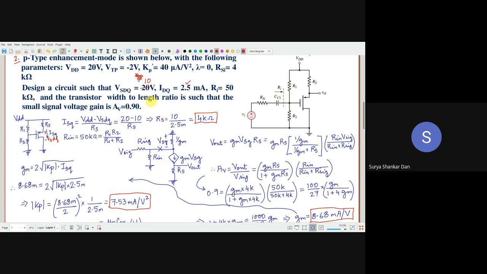Now, the next problem is that the transistor width to length ratio is something which we have to find out, such that the small signal gain is this. If it is small signal gain, then again remember that our objective of this DC analysis was to find out the value of GM, right? So what is the value of GM?